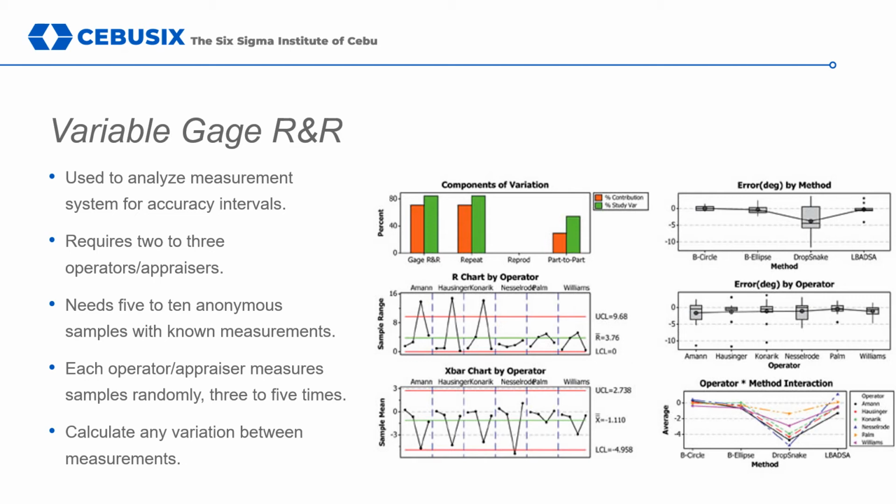This is because with variable measurements, some differences between measurements and operators are likely, particularly when measuring very small or large figures, or capturing data in a moving measurement. The variable gauge R&R requires two or more operators and anywhere from 5 to 10 anonymously labeled samples, so that each operator can remeasure the samples randomly 3 to 5 times each. This allows us to calculate the variations between the measurements more accurately.